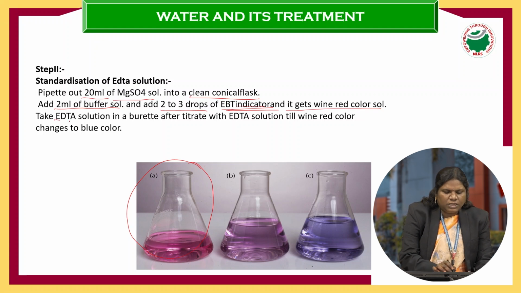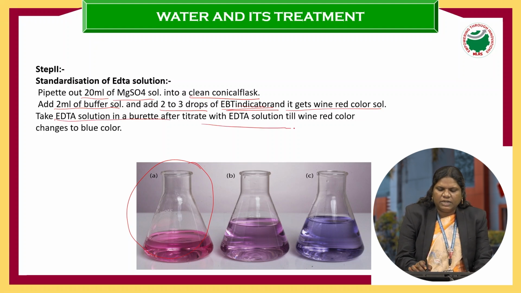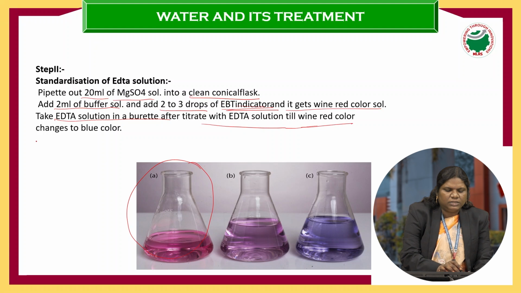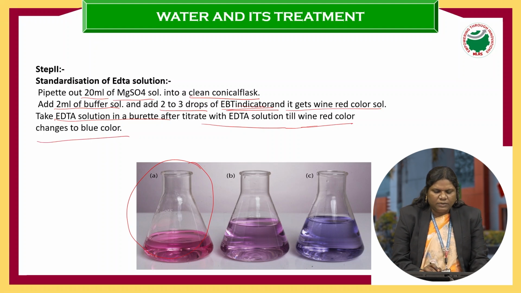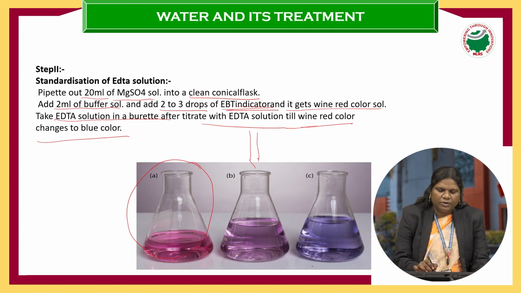Take EDTA solution in a burette, and titrate with EDTA solution till the wine red color changes to blue. After getting the wine red color, we titrate this wine red solution with the EDTA, which we take in a burette.